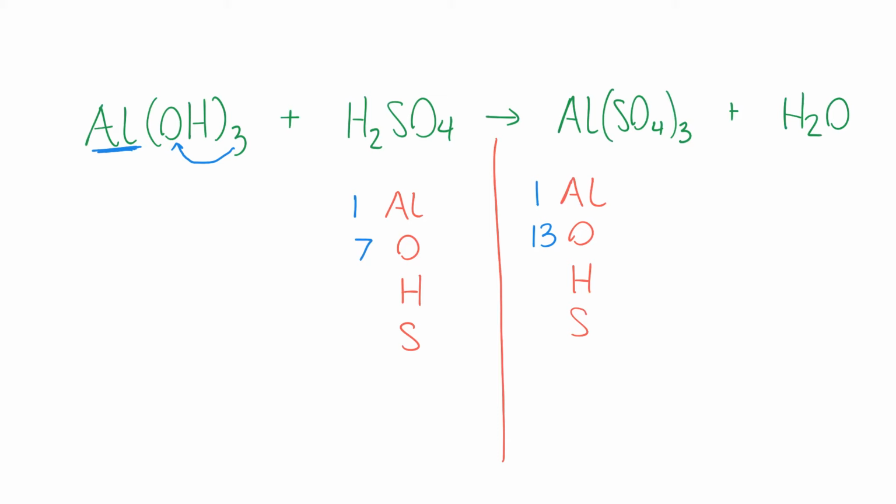Hydrogen, let's count hydrogen. There's 3 hydrogen here, plus 2 more right here, so that's 5 hydrogen on the left. And on the right, we've got just 2 hydrogen.